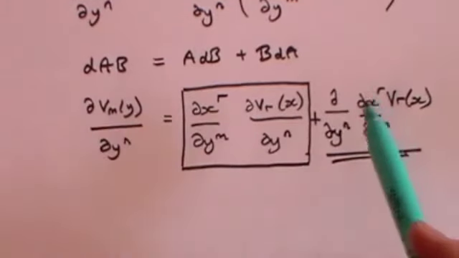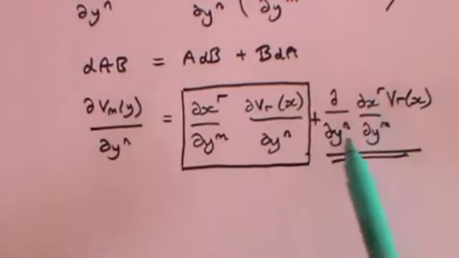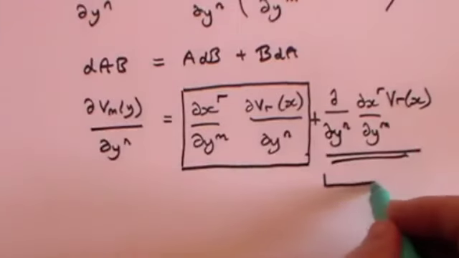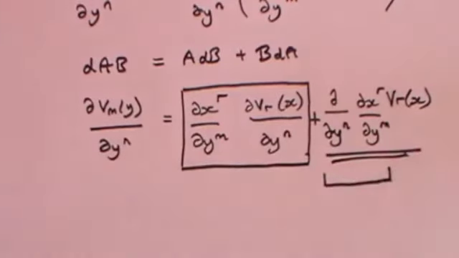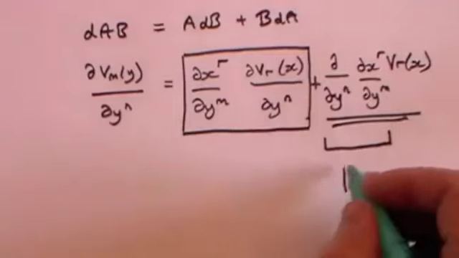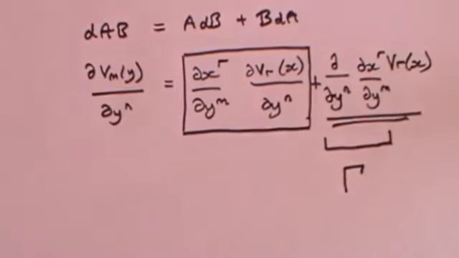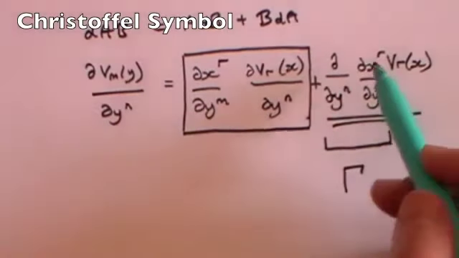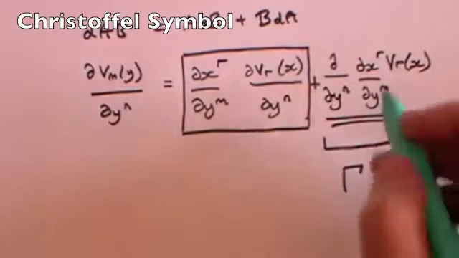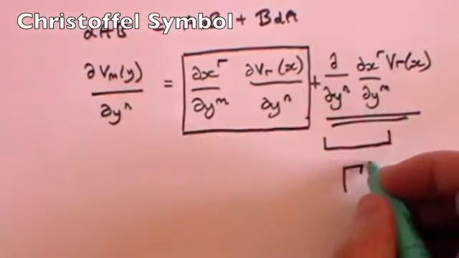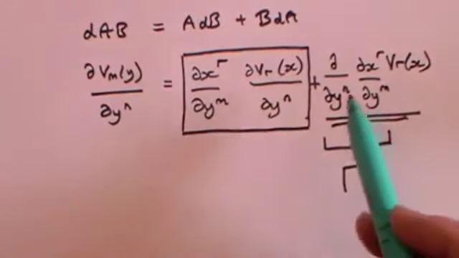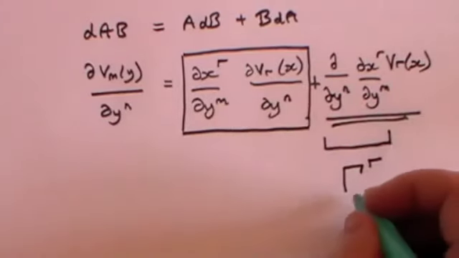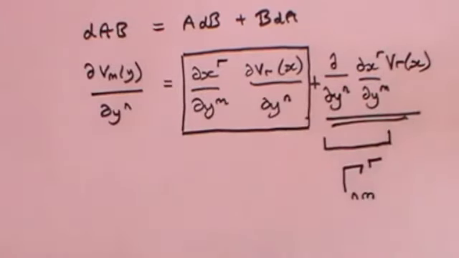And that combination of differentials, just that little combination there, is called capital gamma. It's actually given the title the Christoffel symbol. And we represent the indices that appear here by putting, since there's an R upstairs, an R upstairs, and since there's an N and an M downstairs, an N and an M downstairs.